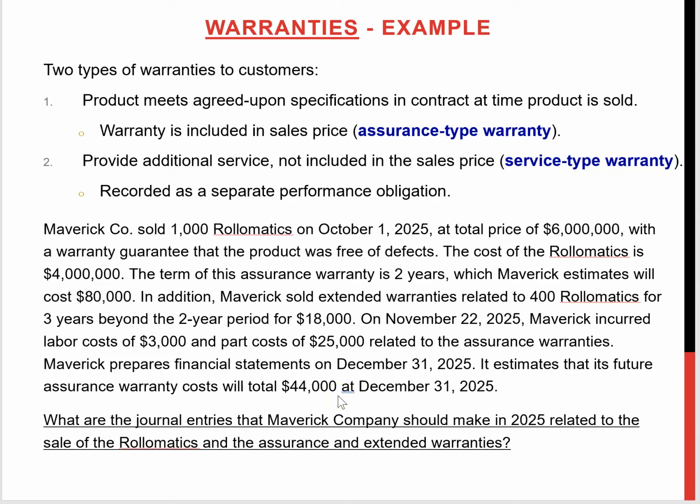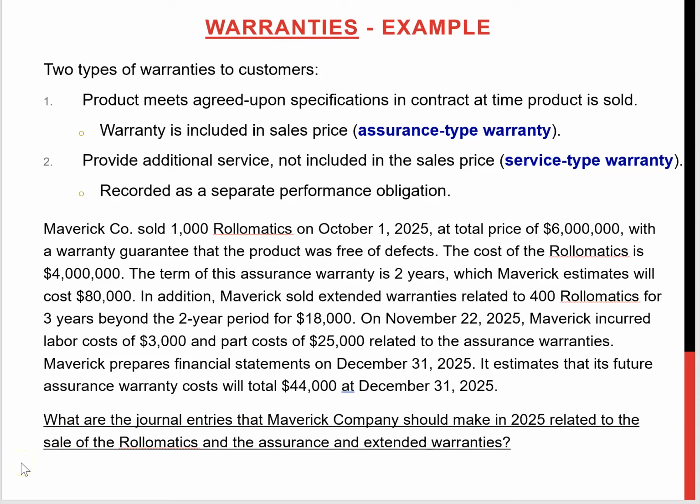Although they didn't charge for it, it's part of the contract, and they estimated it will cost them more. Now, how will Maverick record all those warranties and sales revenues?